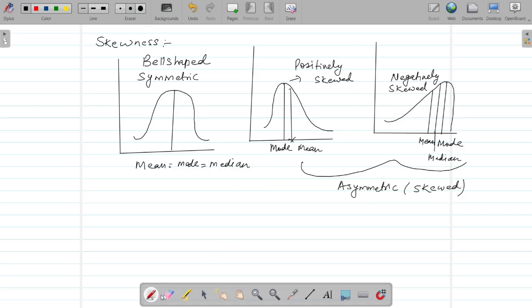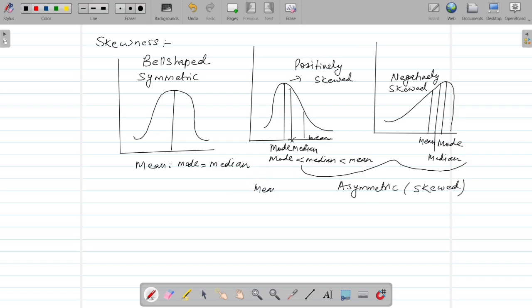Here also you have median, then mean. So order is like this. In this case, mode is lesser than median, lesser than mean. That means mean is the greatest, or mean is more than mode.